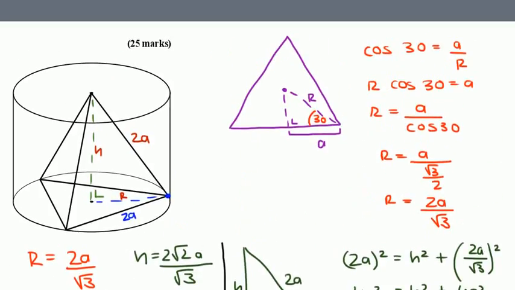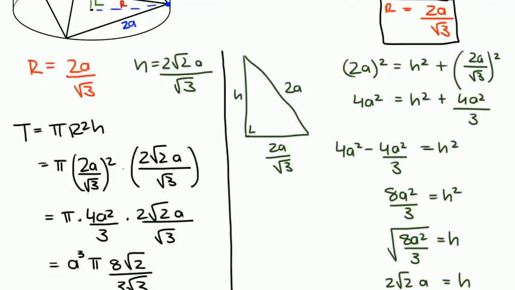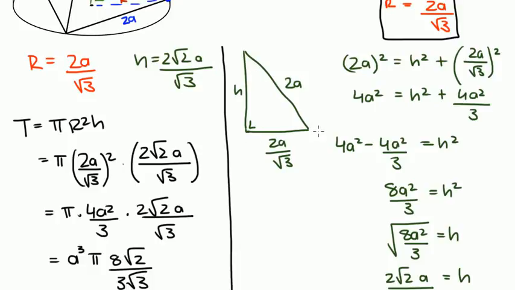So just to recap, first of all, taking the triangle at the bottom to find the radius of the cylinder by finding the length from the midpoint out to one of the vertices using the cosine of 30, a and r. So we express r in terms of a. Then taking the right angle triangle in order to find h, the height of the cylinder.